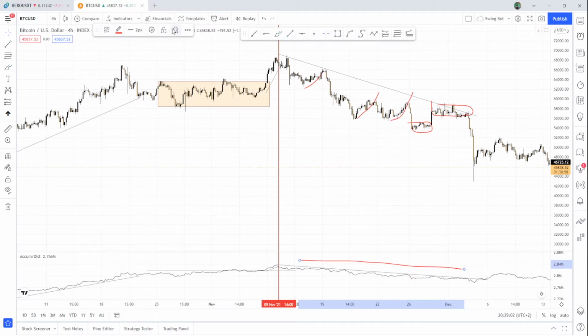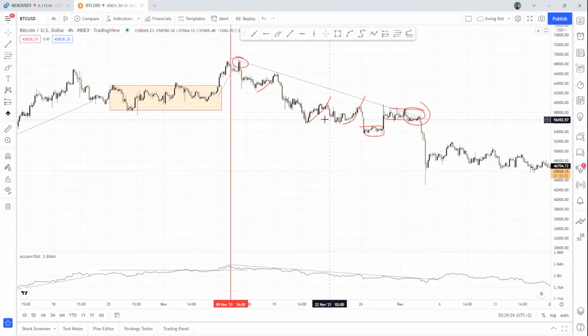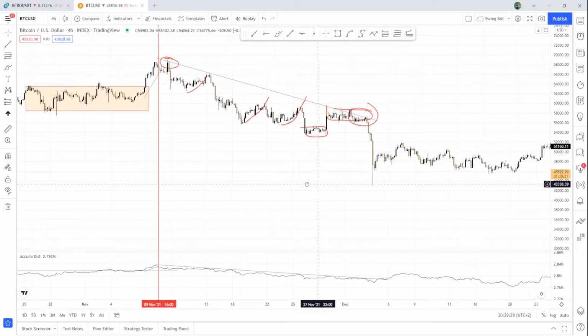So you can actually keep the short position from up here until here, okay, because here it's not strong enough to break this line. So you can actually filter fake-outs, or you can skip some bad entries.